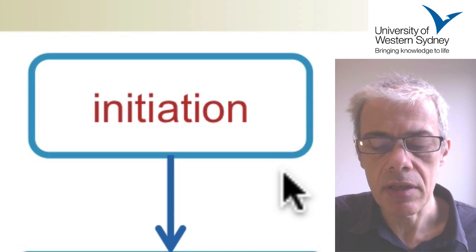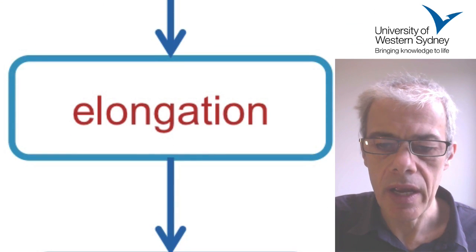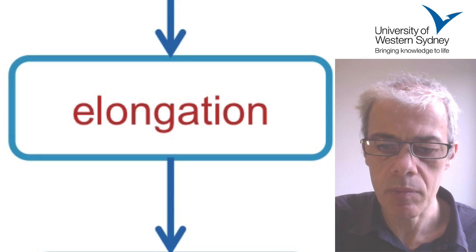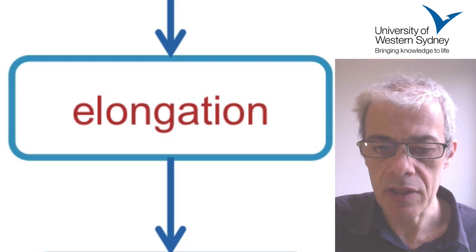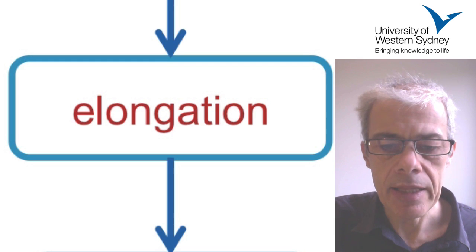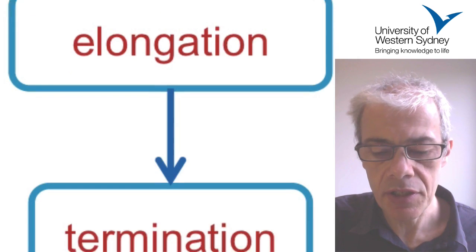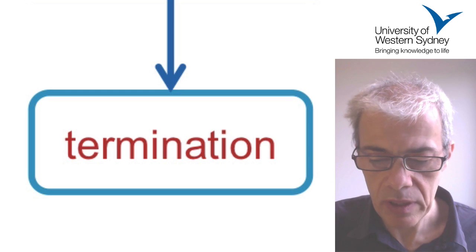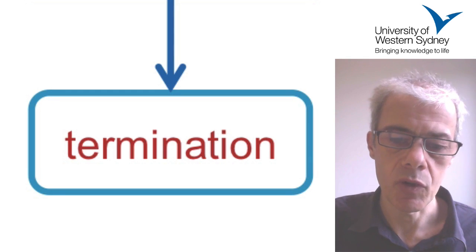Once this has been achieved, we go through elongation, where amino acids are joined together sequentially to form a string of amino acid residues, and this becomes the protein. Then once the protein's finished, we terminate the synthesis, and it's released into the cell to perform its function.